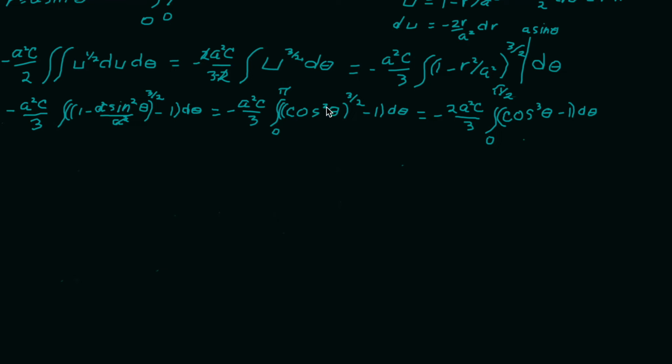Then we can safely cancel out the square and the square root to give us cosine to the third power θ minus 1.